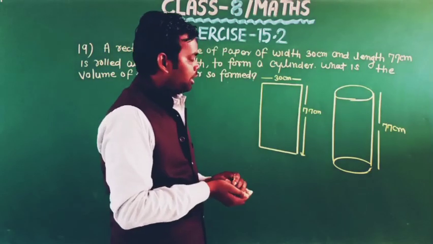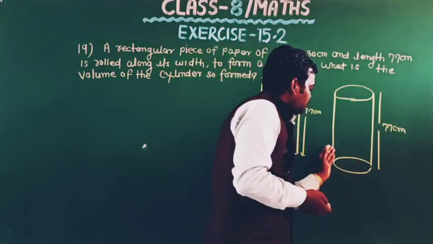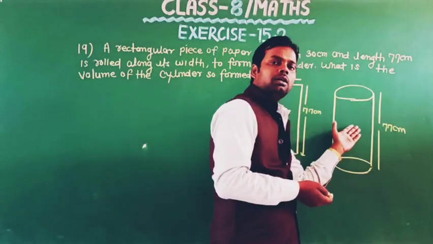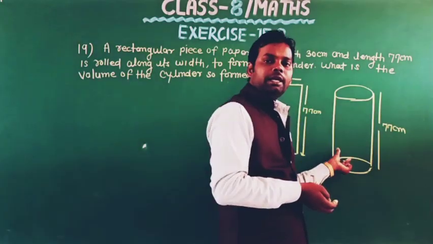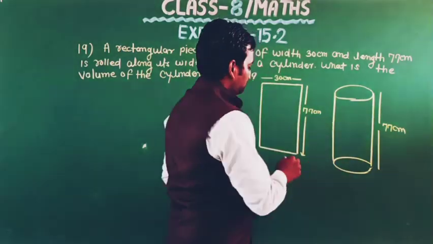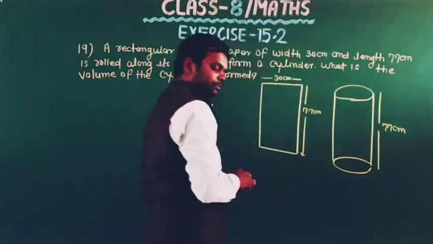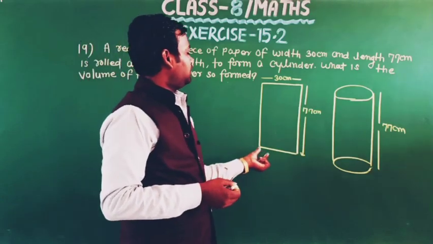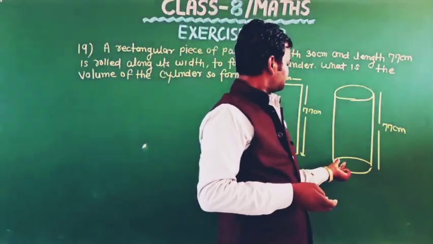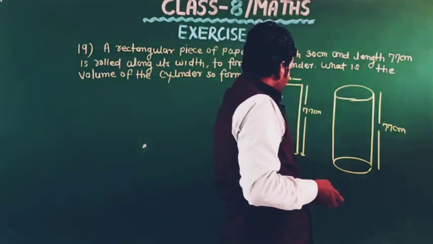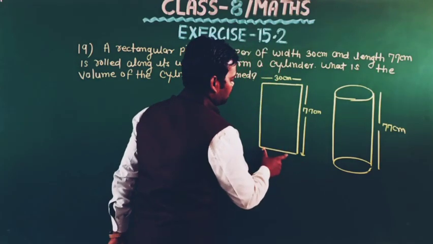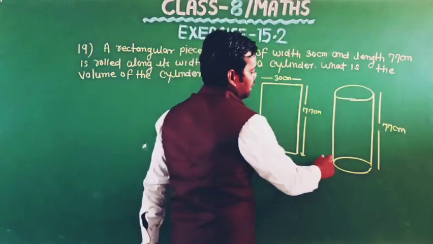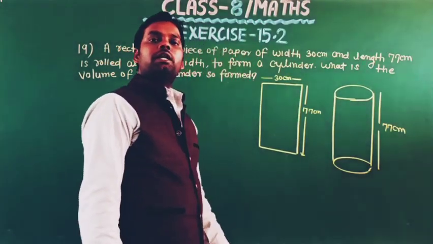So here the width becomes the circumference of the circular base of the cylinder.